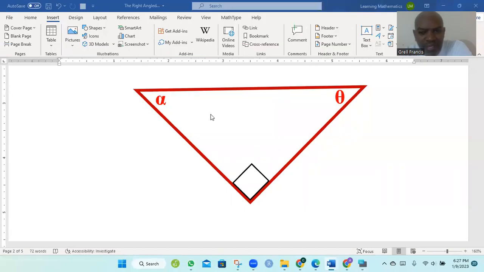Right, so what we can do now is label the triangle. We'll start with this horizontal side right here, the side connecting alpha and theta. What name would you give that side?